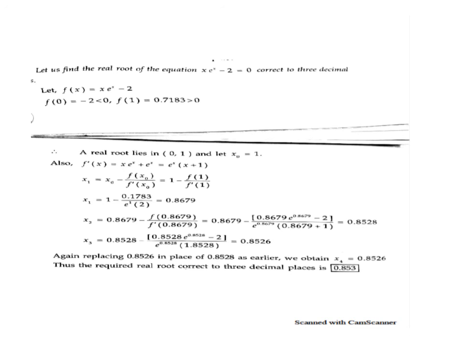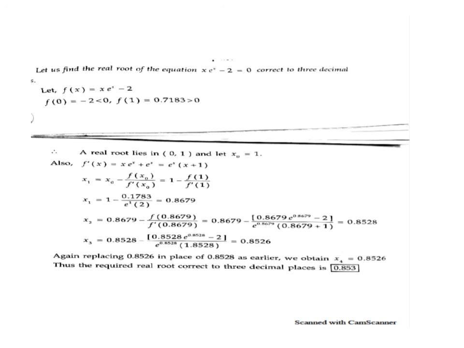Hence we conclude that the value correct up to 3 decimal places is 0.852. Now there is one more iteration done here, that is x3, and the x3 obtained is 0.8526.